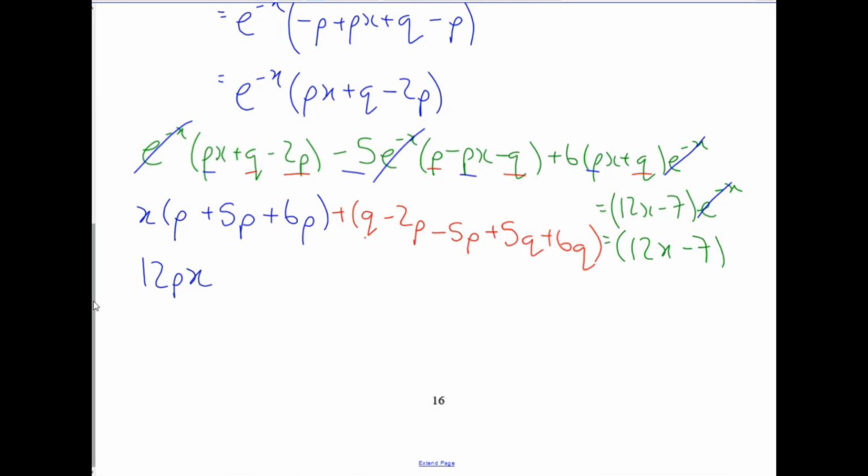Let's collect up all of these terms in red. So I've got q plus 5q plus 6q, which gives me 12q, and I've got minus 2p minus 5p, which gives me minus 7p. It's 12x minus 7.